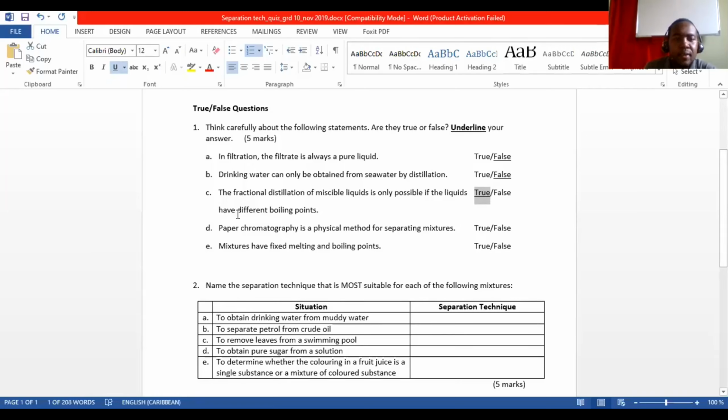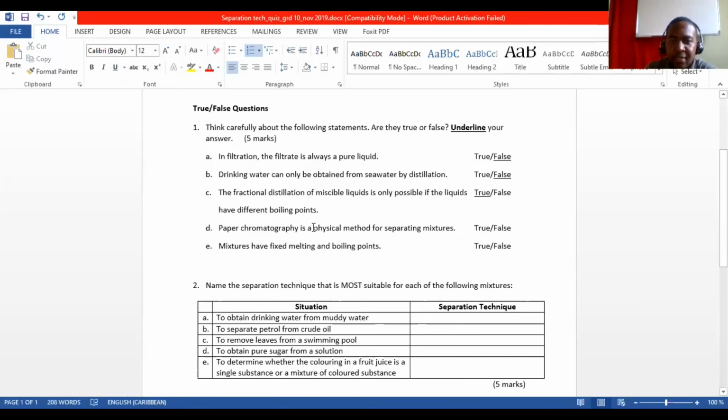D, paper chromatography is a physical method for separating mixtures. What do you have there? True or false? One person has false, another has true. Let's examine the question. Paper chromatography is used for separating mixtures, so that's a true statement.